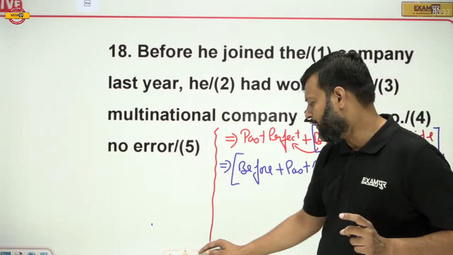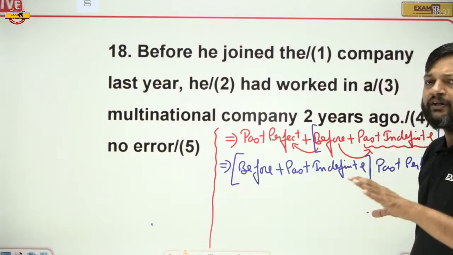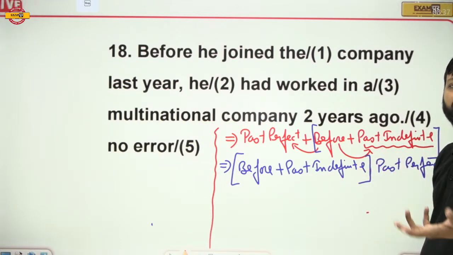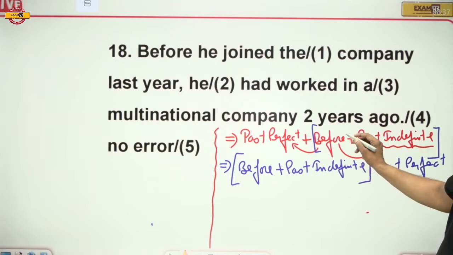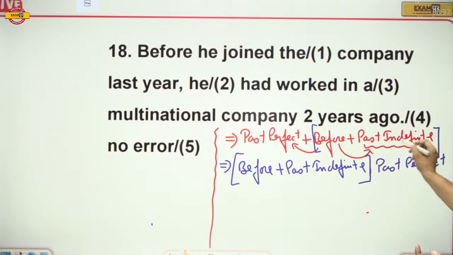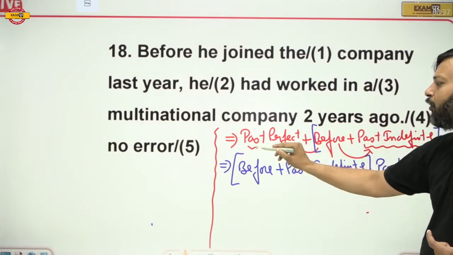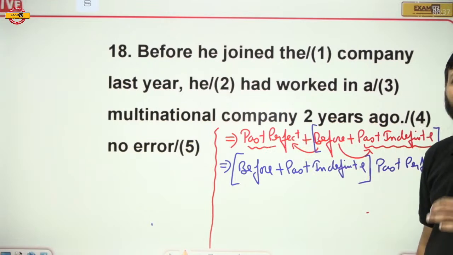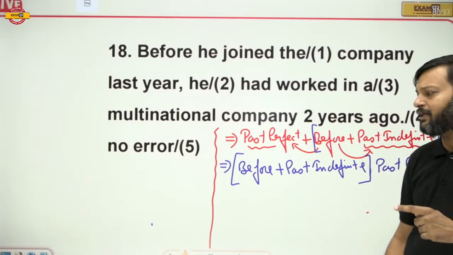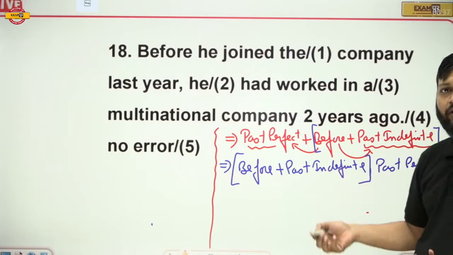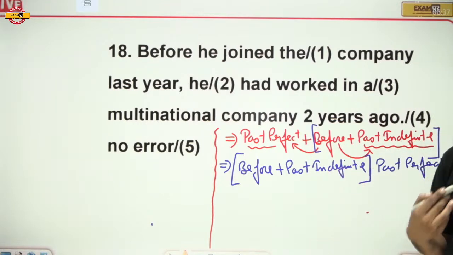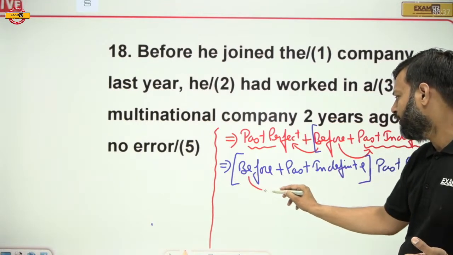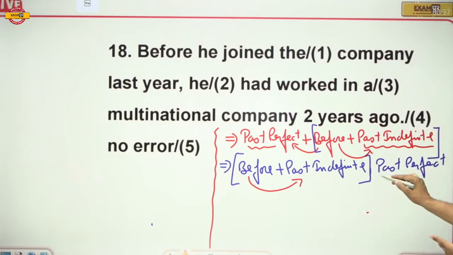Both the sentences follow this rule. And if we write the same sentence in this way, here also the rule is there: the word before is followed by past indefinite and the remaining clause in past perfect.